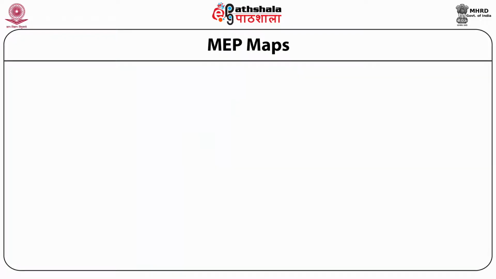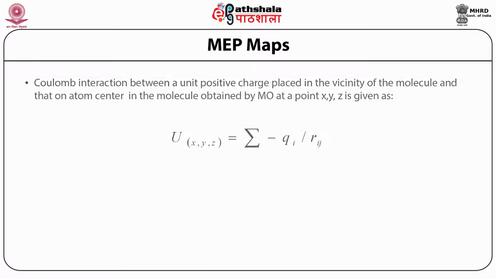Molecular electrostatic potential maps are calculated on the basis of Coulomb interaction between a unit positive charge placed in the vicinity of the molecule and that on the atom centers in the molecule, obtained by any molecular orbital method, and at any point xyz, it is given by the equation U(xyz) equals minus sum of qi upon rij, summed over all the atom centers.